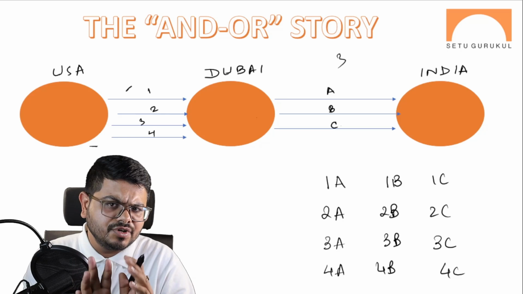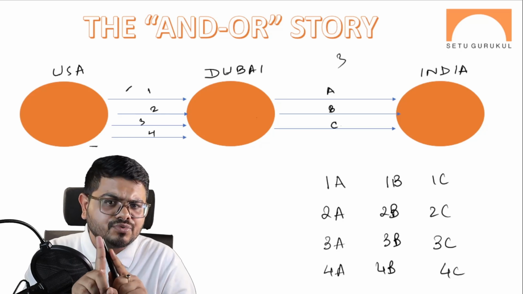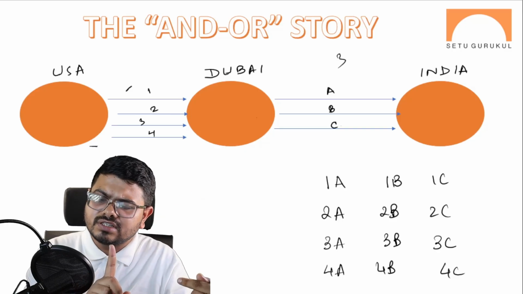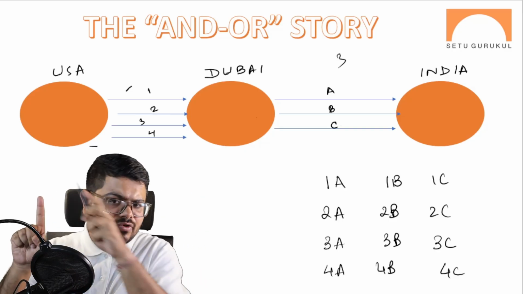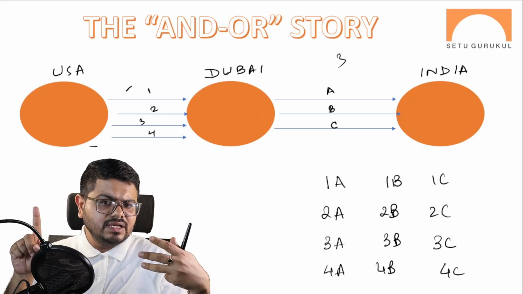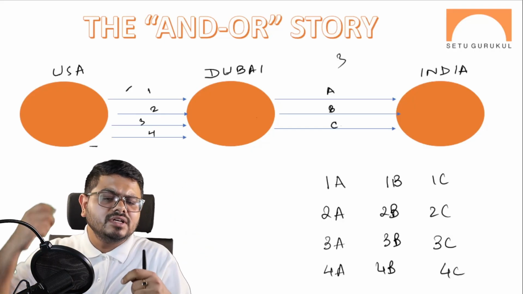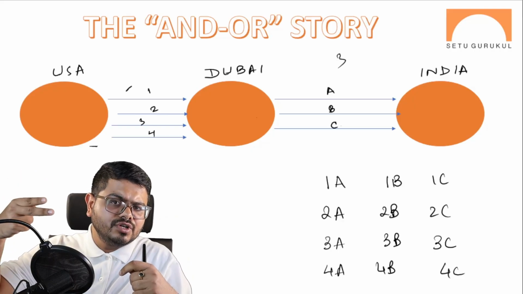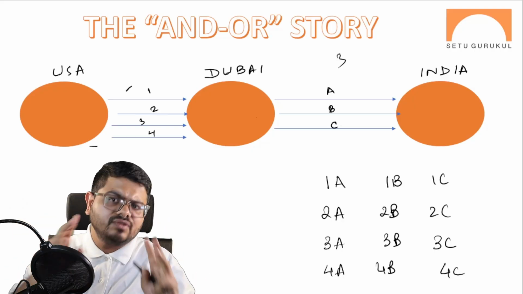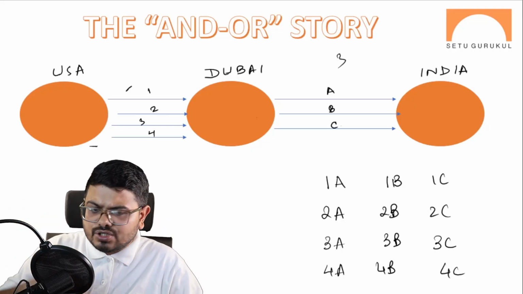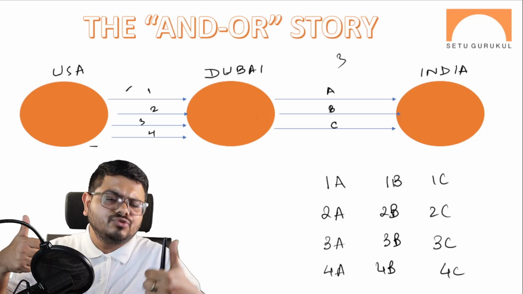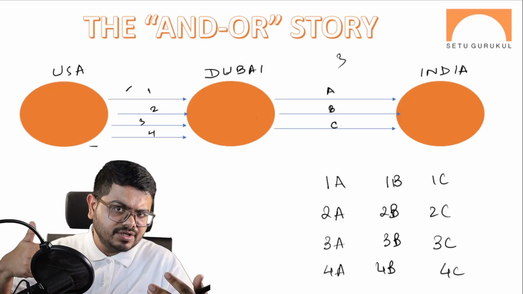And what is happening over here? Just see. For every option that you have in task A, there are three options in task B. So for flight one from USA to Dubai, you have flight A, flight B, and flight C from Dubai to India. Similarly, for flight two from USA to Dubai, you have flight A, flight B, flight C again from Dubai to India. So every option in task A has three options in task B, right?